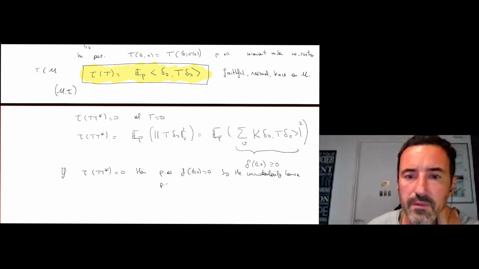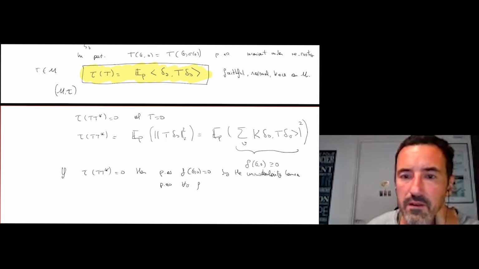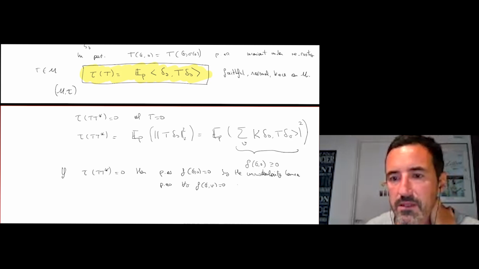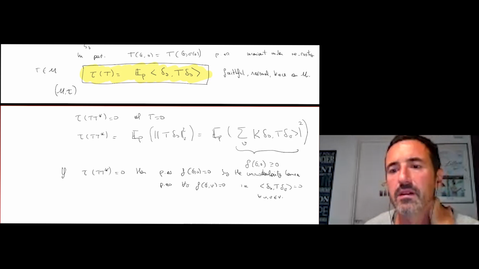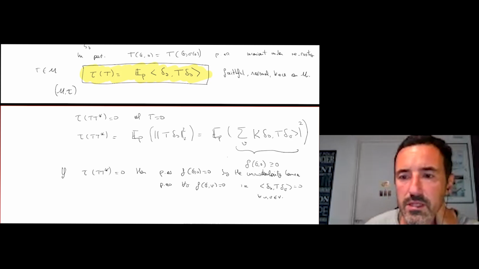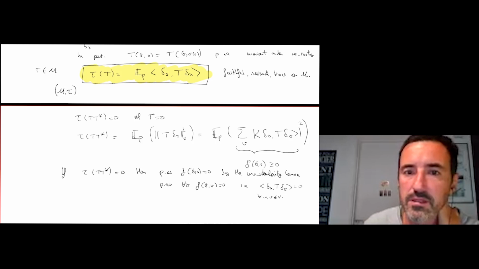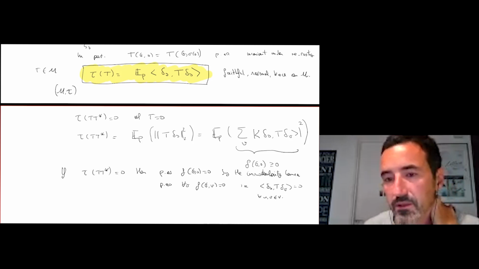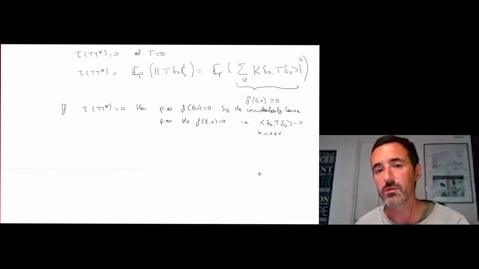almost surely, for all V, f of G, V is 0, which means that if you look at any vector, this is 0 for all pairs of elements. Okay, so T is 0. So you see how you prove that your operator is 0 by just using the unimodularity.